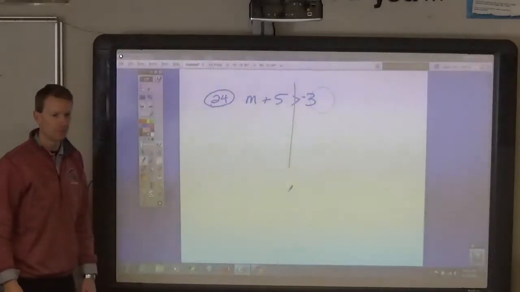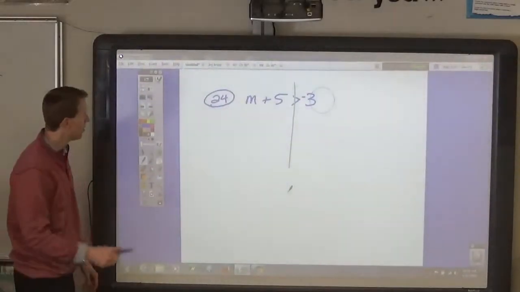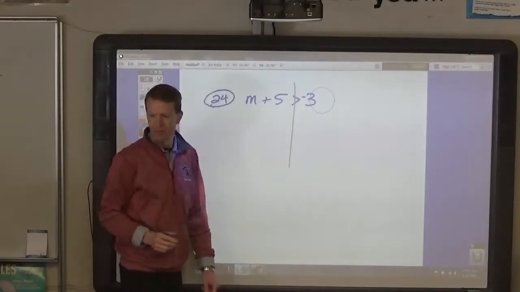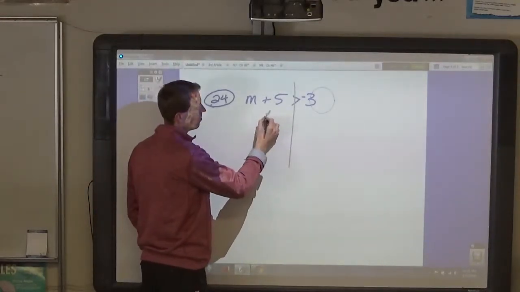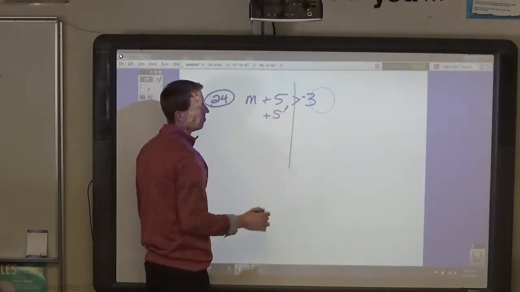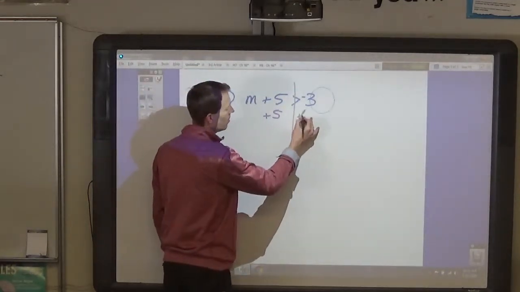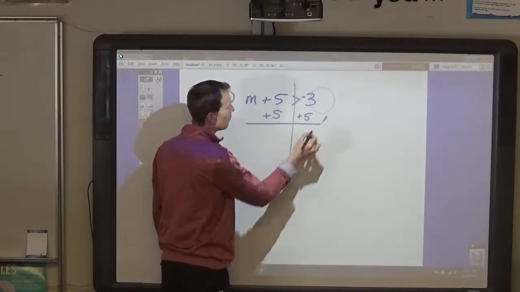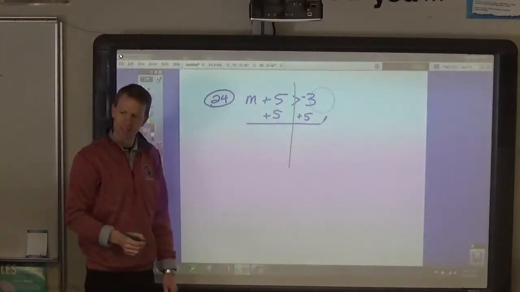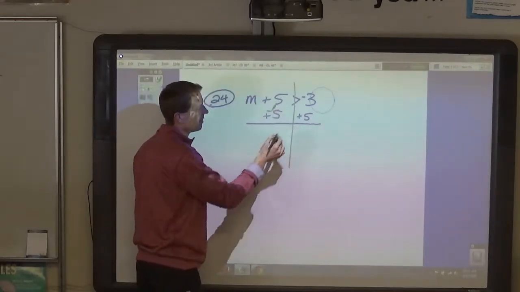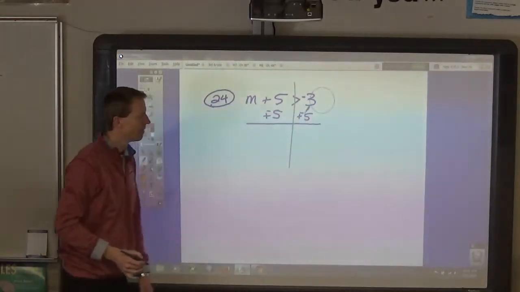Where do we start? Where the variable is. Good. And what should we do? Add 5. Does that get the variable by itself? No, subtract 5, or add negative 5.